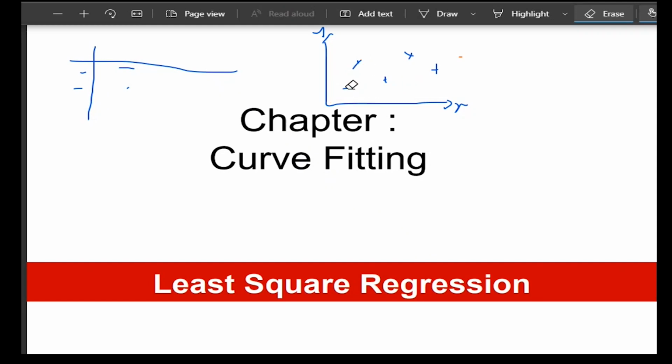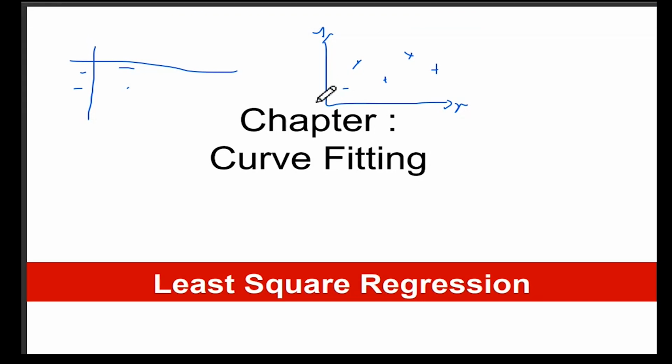Because kita tahu straight line order dia satu, and then dia senang, or it will be easier for you to get the equation. So kita nak cari apa persamaan garis lurus yang paling sesuai untuk mewakili this data plot here. Okay, so for today we will learn about the least square regression.